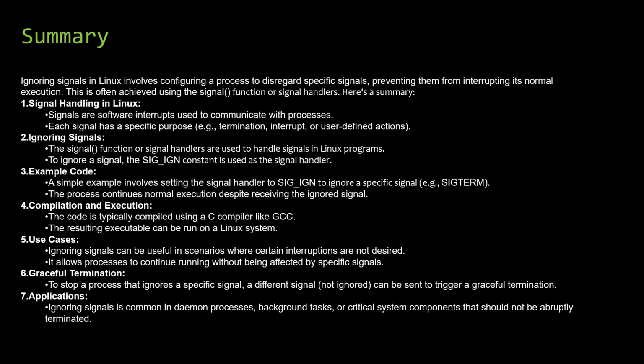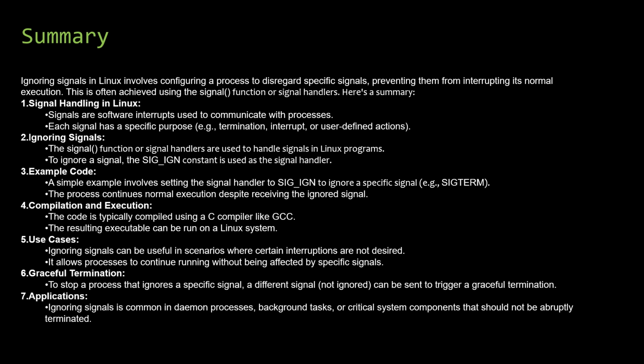So, a summary. Ignoring signals in Linux involves configuring a process to disregard specific signals, preventing them from interrupting its normal execution. In this case, we ignored the SIGINT signal. This is often achieved by using the signal function or signal handlers. So first we looked at signal handling in Linux, where signals are software interrupts used to communicate with processes. Each signal has a specific purpose, like termination, interruption, or user-defined actions. Then we looked at ignoring signals.